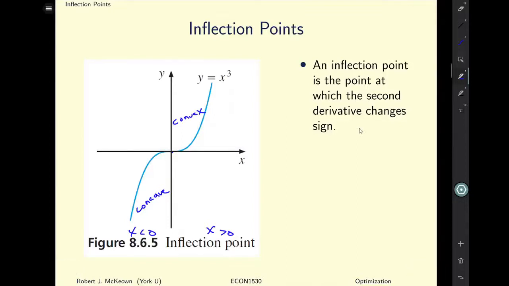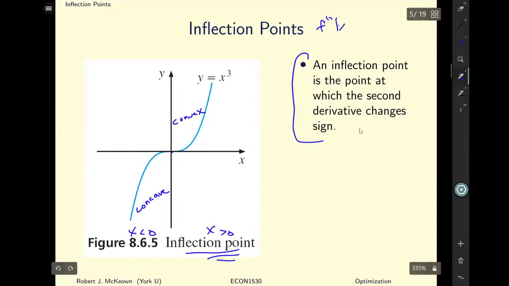And that point, when it changes from concave to convex, that's what we call an inflection point. Another way to think about the inflection point is the point at which the second derivative changes sign.